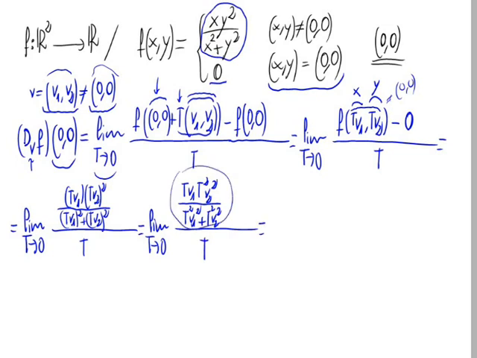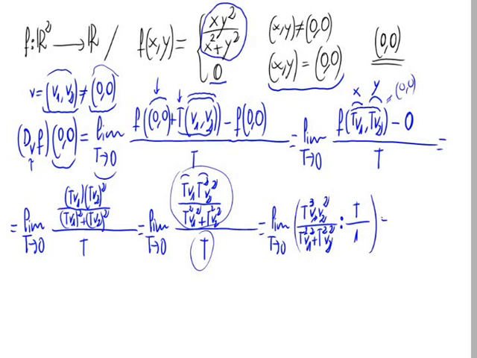Operating this, we have to divide this, and this is the same as, on the numerator, t times t squared, that is t cubed, times v1 and v2 squared, and the denominator would be t squared v1 squared plus t squared v2 squared divided by t divided by 1, of course, that's obvious.